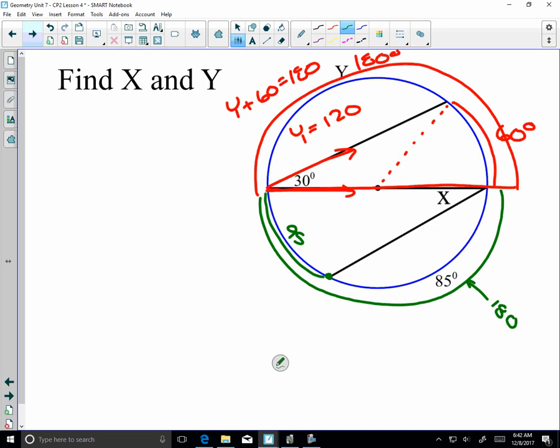Now if we want to find our angle x, you can see we're going into the small side of the inscribed angle. So when you're going from a large arc all the way across the circle, we have to remember that x is the arc length divided by 2. So we've got 95 divided by 2, or 47.5 is our degree measure for x.